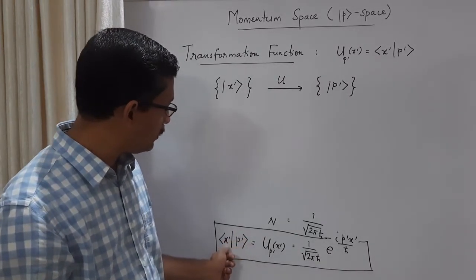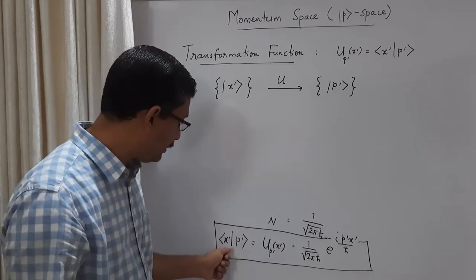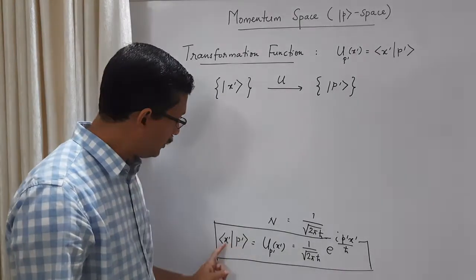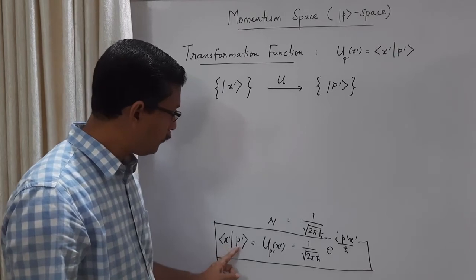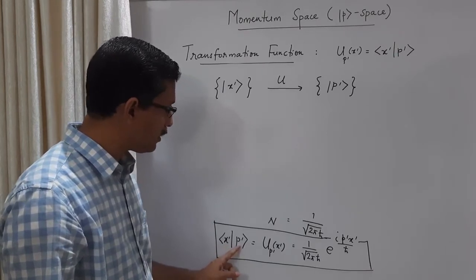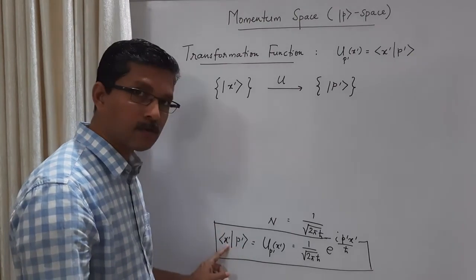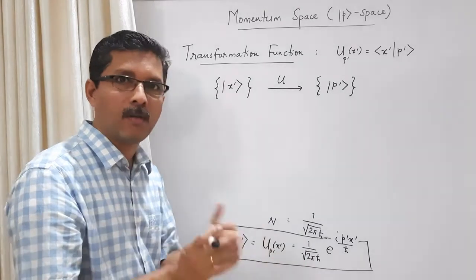This is for the row x prime. See, in a matrix element, this is the row index and this is the column index, right? So in the first row, or x prime row, we have the component of the eigenfunction corresponding to p prime. When you go to the next row, this is the column index. So we are considering the p prime column.